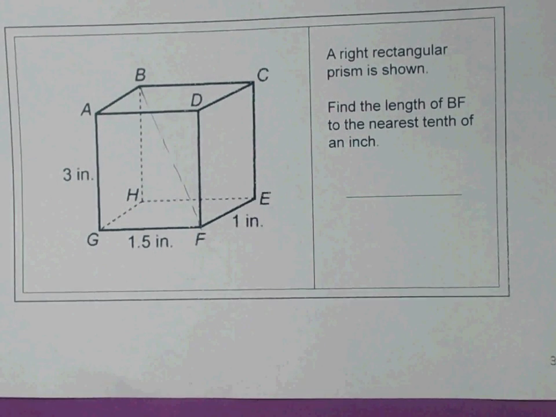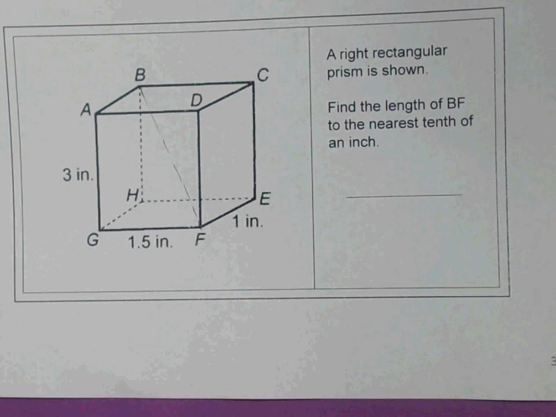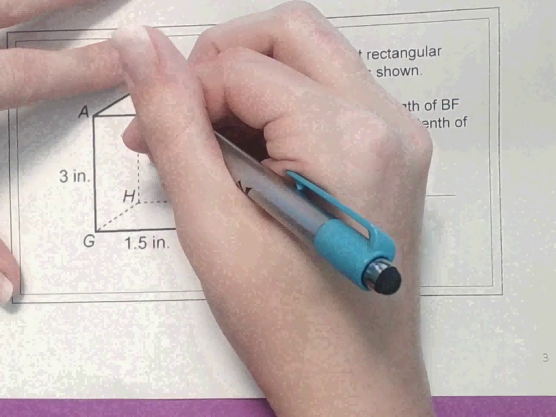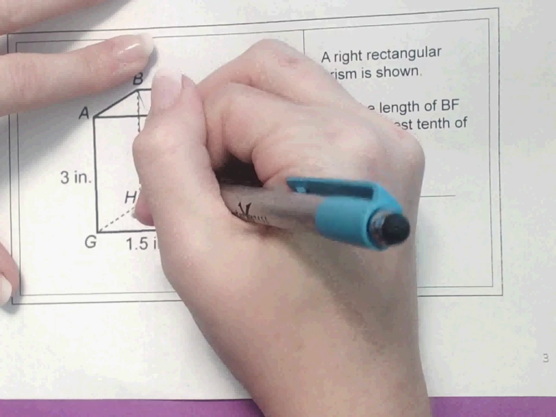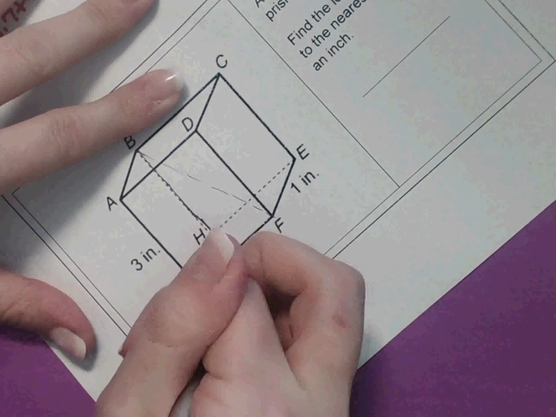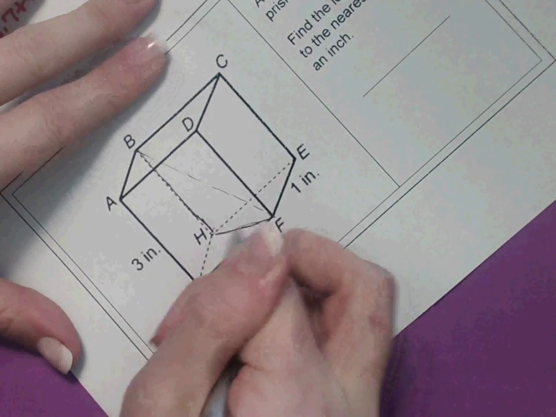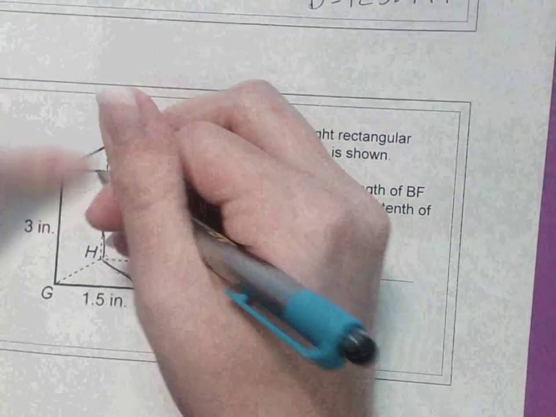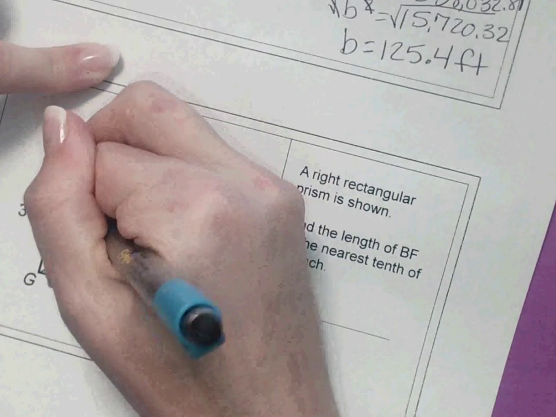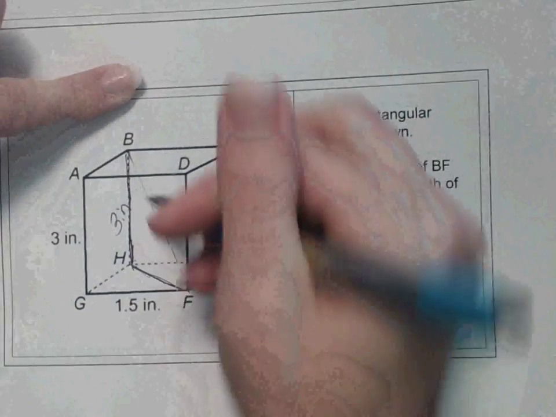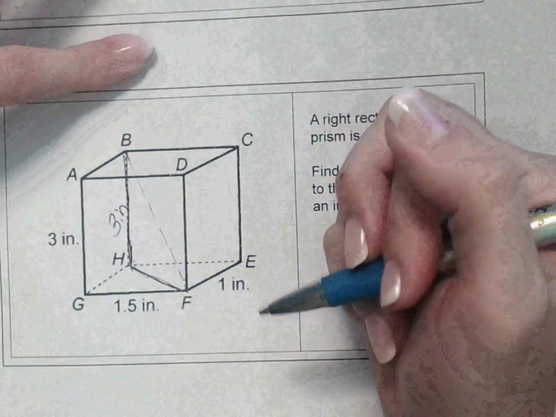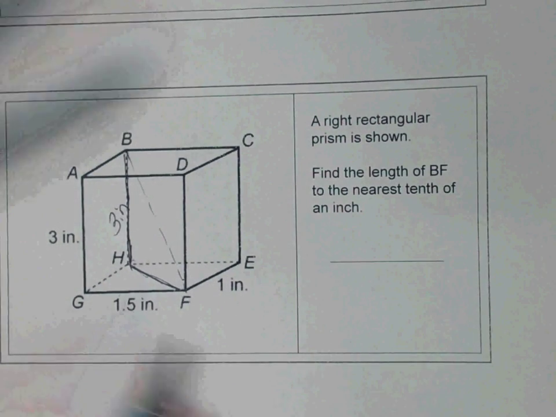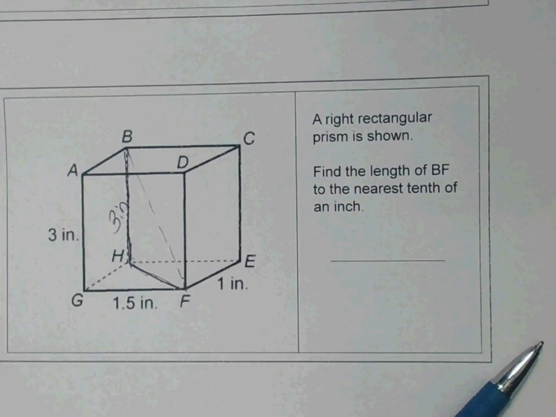What lengths do we need to find to have a right triangle? We have to have the diagonal for the bottom. We have to know the length of this side, which we do. It's 3 inches. And then we can find our hypotenuse here. So the first thing we need to find is this bottom length here.